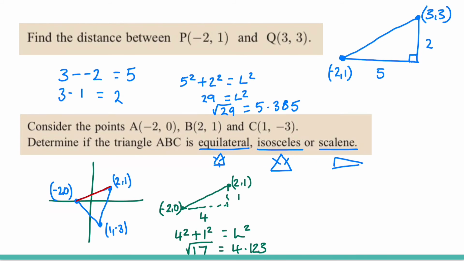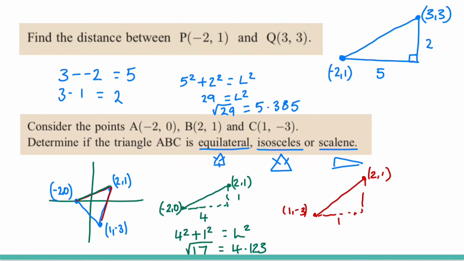Then I'm going to take a different side. So this time I'm going to take this one here. Let's keep them the same colour. And this one goes from (2, 1) down to (1, -3). And again, I'm going to try and find the length of each side. So if we think about the x coordinate, I go from 1 to 2, so it's a length of 1.